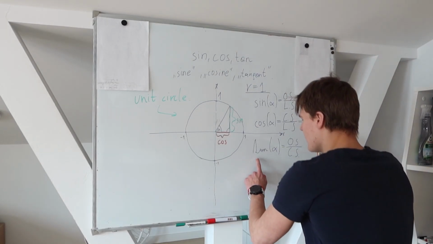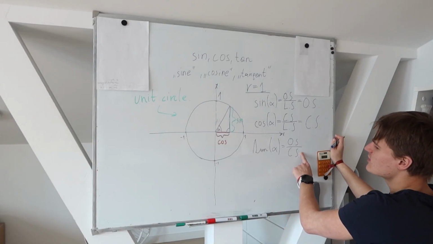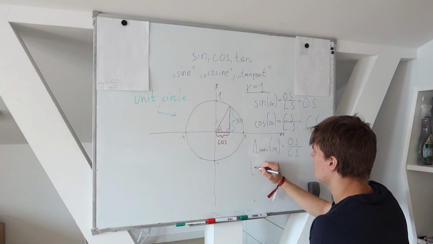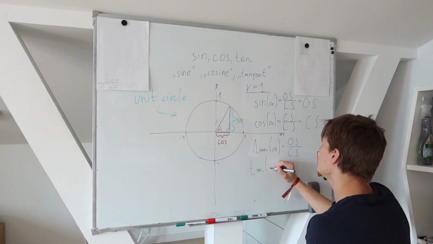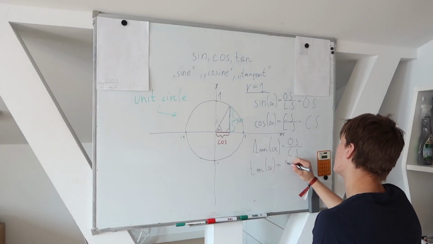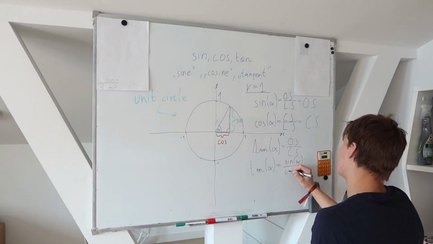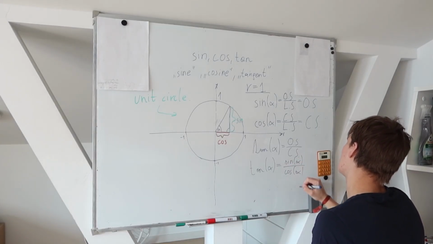And so if tangent of any angle is just the opposite side divided by the closed side, then we can also say that the tangent of any angle is equal to the sine of any angle divided by the cosine of any angle.